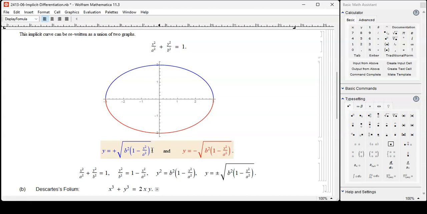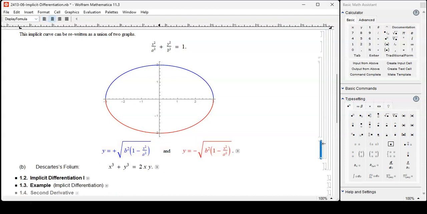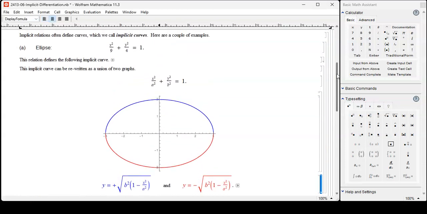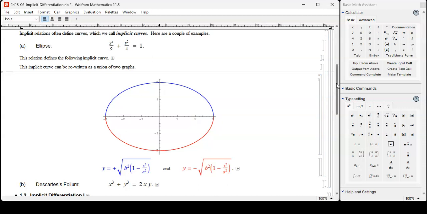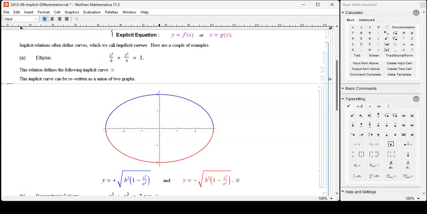Positive square root gives me one function, and whose graph is visualized here, up there in blue, and a negative square root gives me another function, and that graph is down here, highlighted in red. So in this particular case, it wasn't too difficult to solve for y and get a pair of functions, a pair of explicit relations, and then we can apply all those calculus techniques.